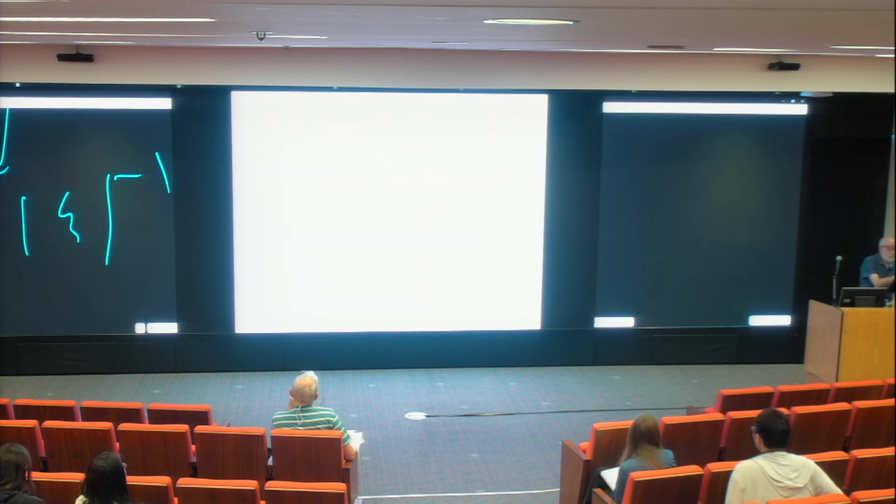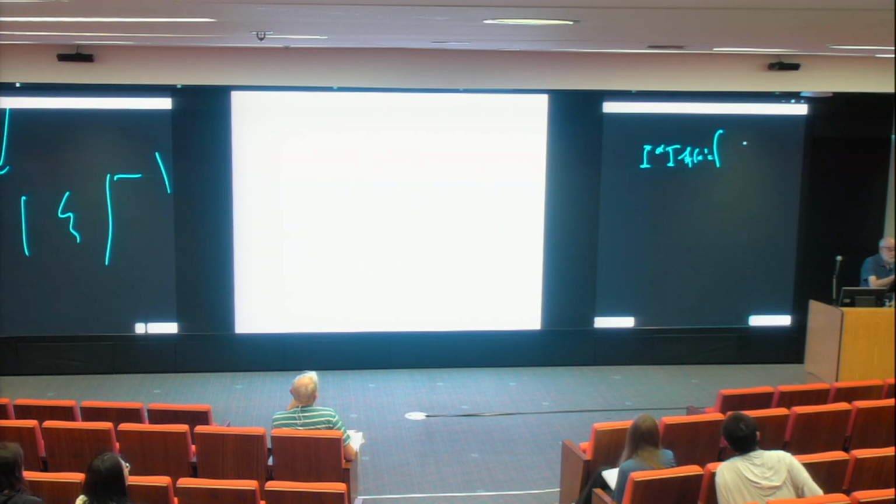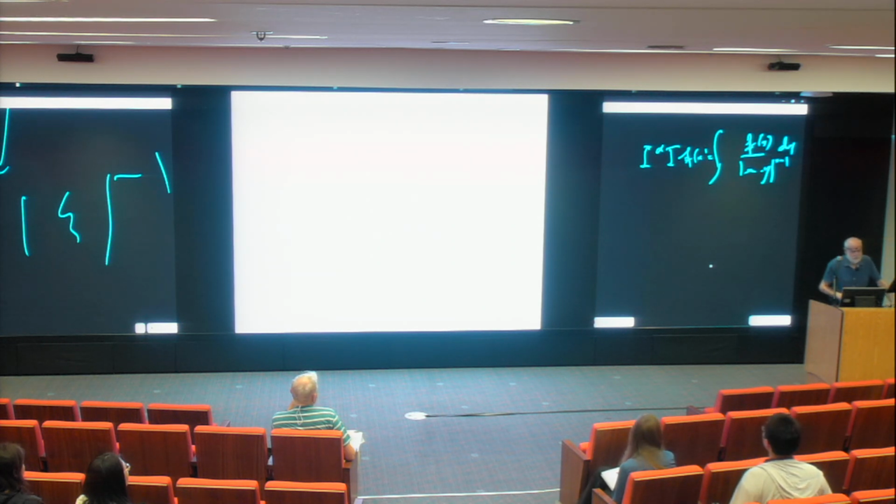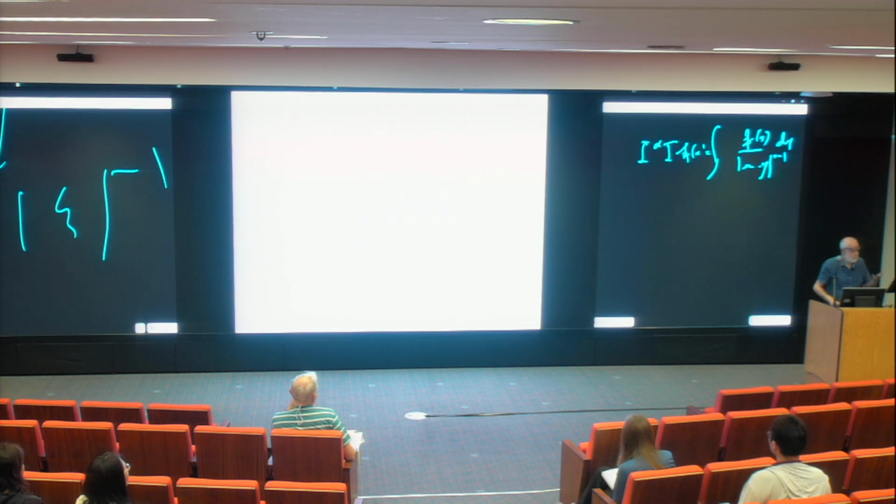So remember another expression for I star I in terms of singular integrals applied to f at the point x: it is the integral of f of y divided by the distance of x minus y to the n minus 1, dy, right? This is an equivalent expression. This is called a singular integral. Singular integrals are the same as pseudo-differential operators. The singularity is at x equal to y. We saw this earlier.